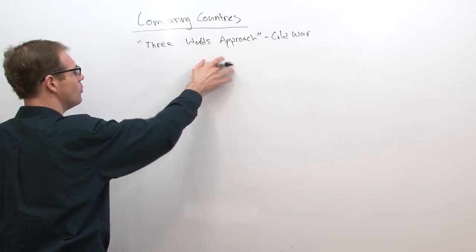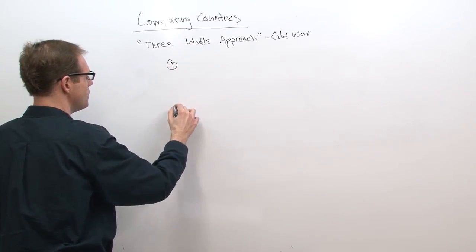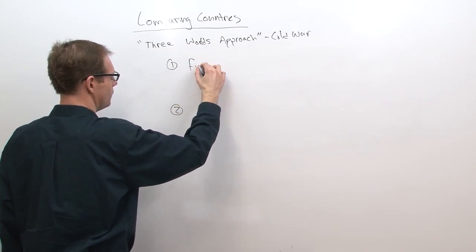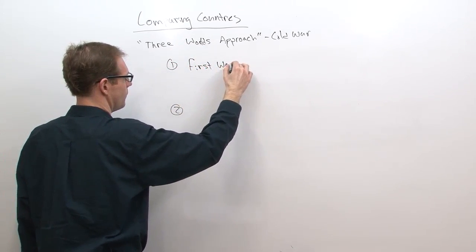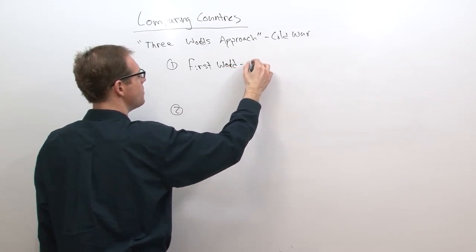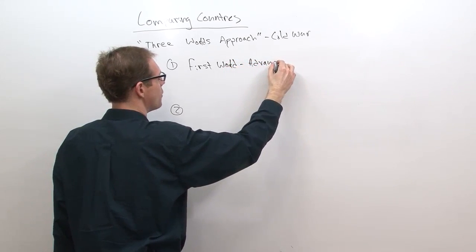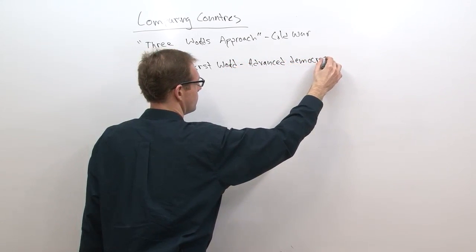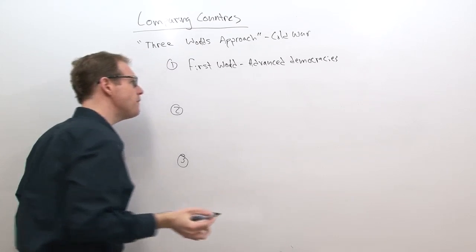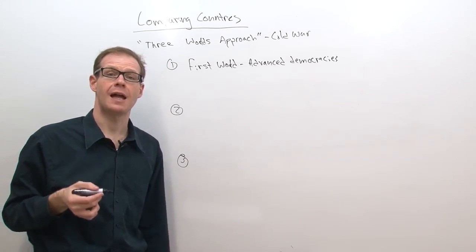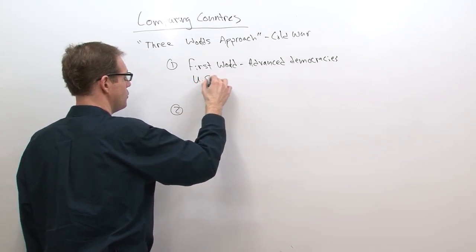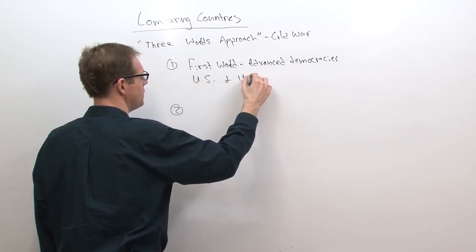If there's three worlds, then we divide it, of course, into three. The first world. In the three-world system, these are the advanced democracies. More specifically, these are the democracies that were allied to the United States during the Cold War. So we can say it's also the United States and its allies.